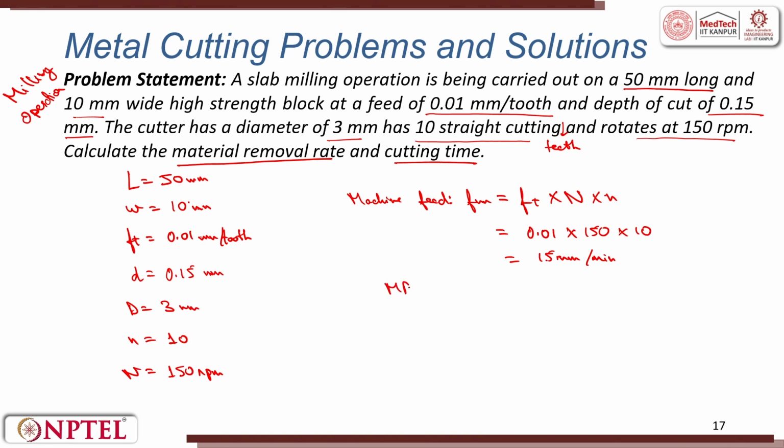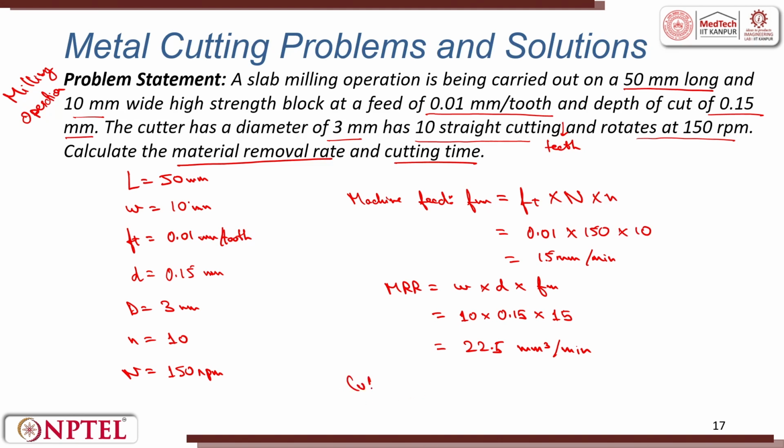Then MRR, that is material removal rate, could be calculated from the relation W into D into the machine feed. So, width is 10 millimeters, depth of cut is 0.15 and machine feed is 15. This gives me the value of MRR as 22.5 millimeters cube per minute.